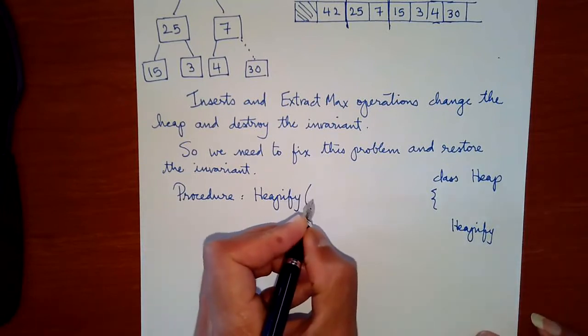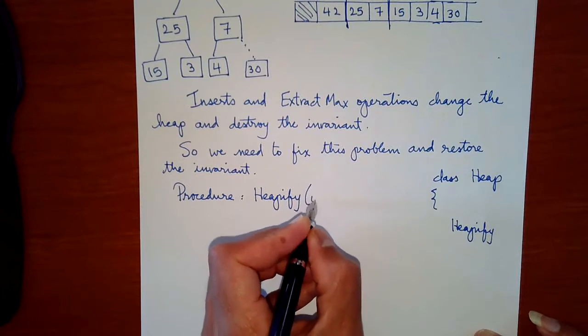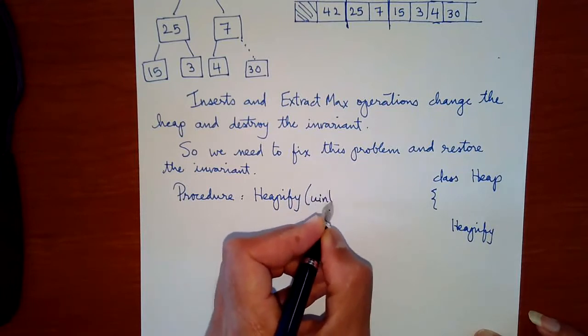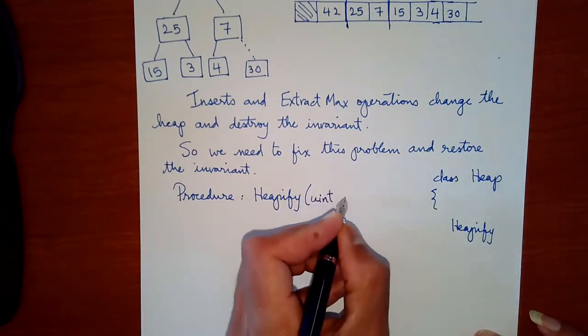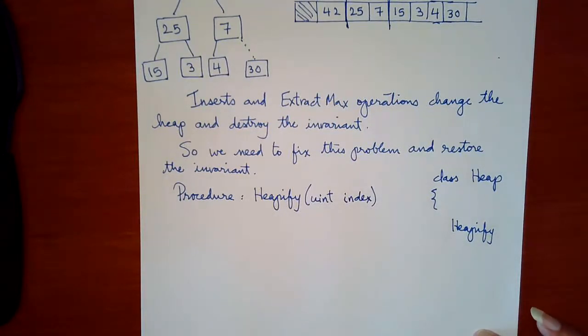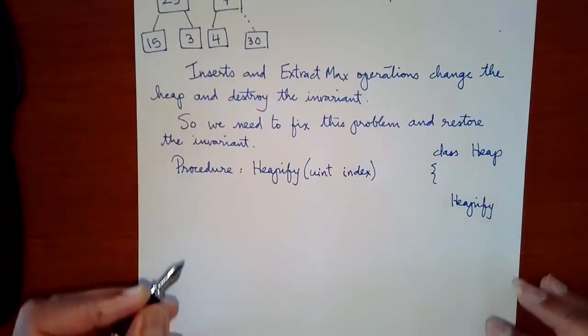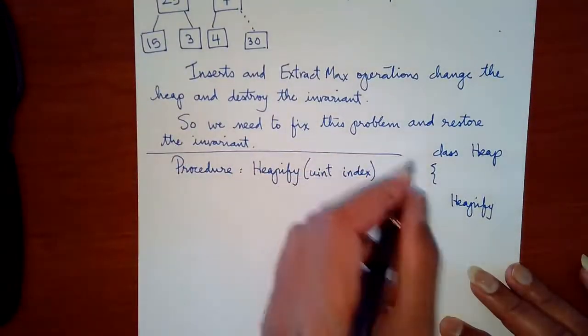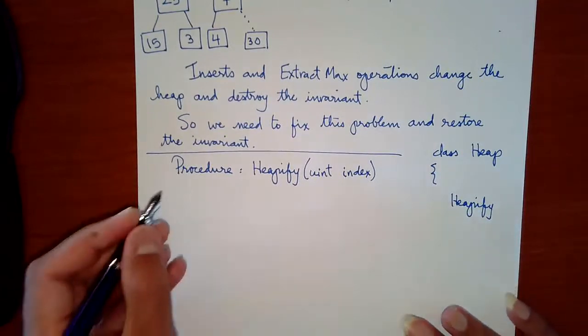It's just going to take an index. So, let's say, an unsigned int index as an argument. And so I'm going to write something here, and then I'll explain it.